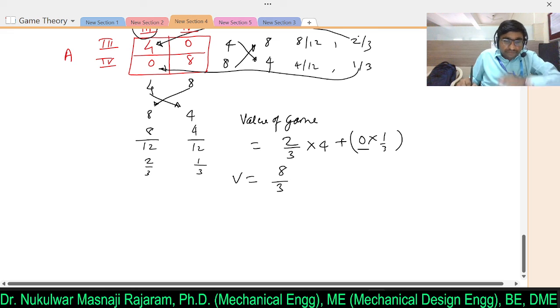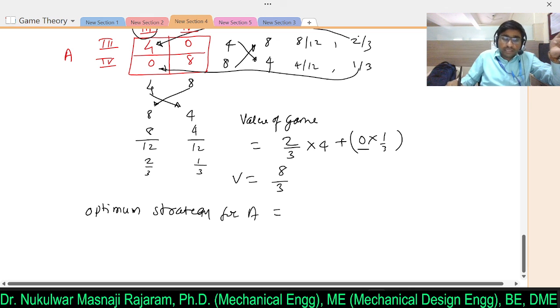Now if in question optimum strategy for A is asked, in that case I can write optimum strategy for A, that will be equal to, now here remember, strategy 1 we have deleted for A, 2 is deleted, so I can write 0 comma 0.